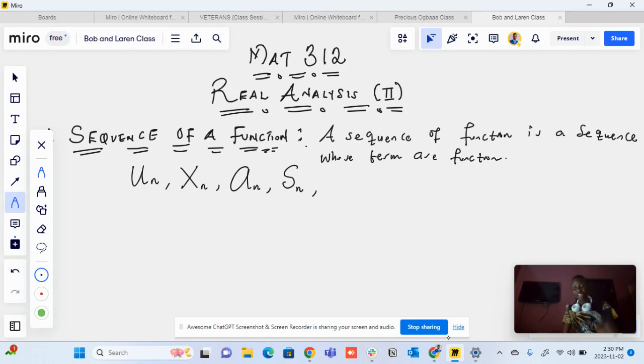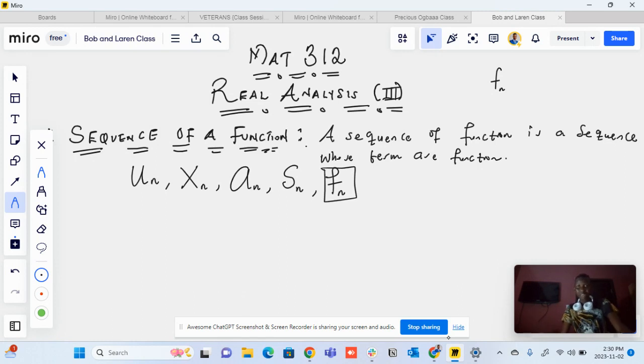But for the sake of this real analysis 3, sorry, real analysis 2, we are considering this particular denotation. What we must get familiar with is Fn, small letter f, then subscript n. So Fn precisely, that's what we always make use of in this case. Okay, so this is a sequence of a function.